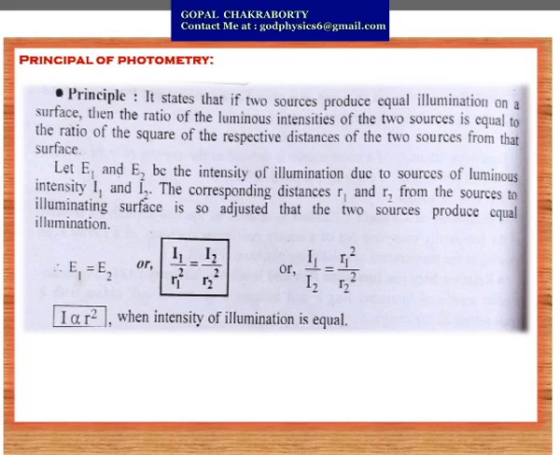So here I is directly proportional to R square. This is the basic principle of photometry, and there are lots of applications of this principle, but as per your syllabus you only need the statement of the principle of photometry. So here I have discussed only the statements.